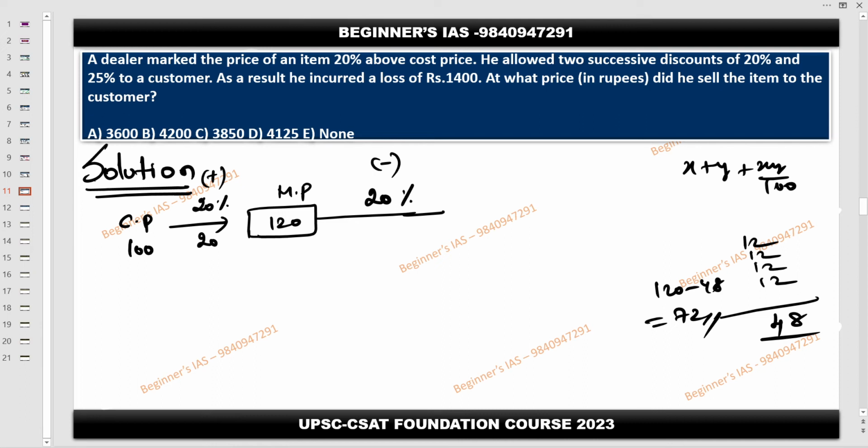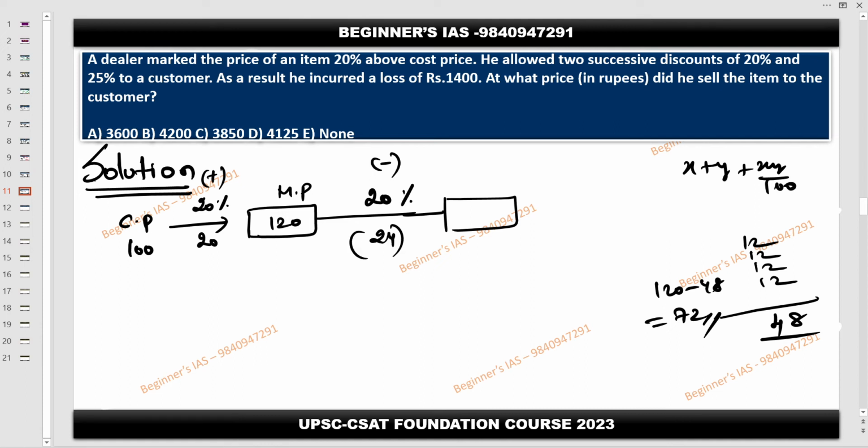Clear? People understanding this method, this method is a very important method. But listen carefully. What is the 20%? 24 rupees.